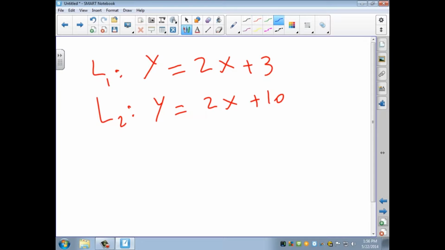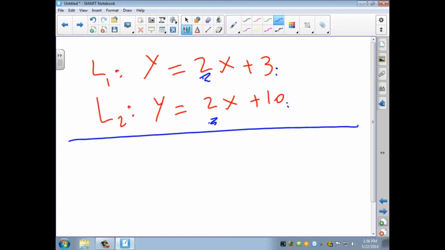Since these two lines have the same slope, however different intercept, that means these two lines are parallel to each other. The slope is 2, with different y-intercept.